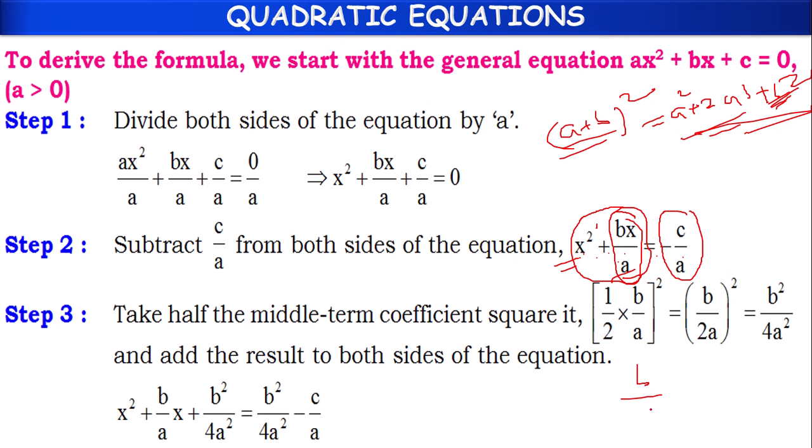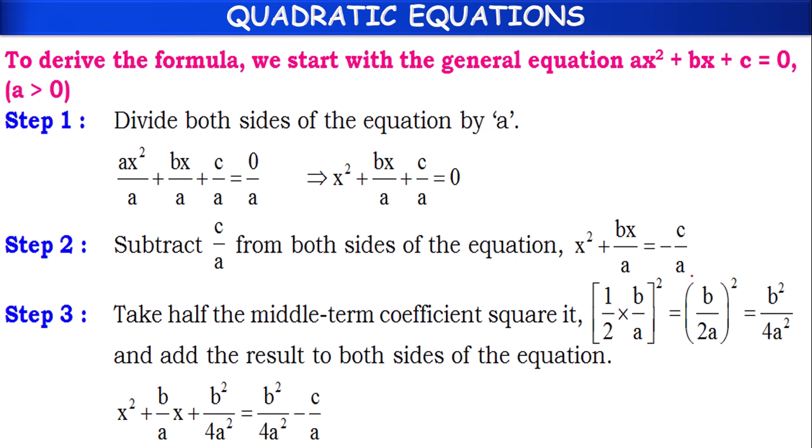The middle term is b by a, which is the coefficient of x. We have to take half of the middle term, half into b by a, and we have to square it, and this term is to be added on both sides of the equation.